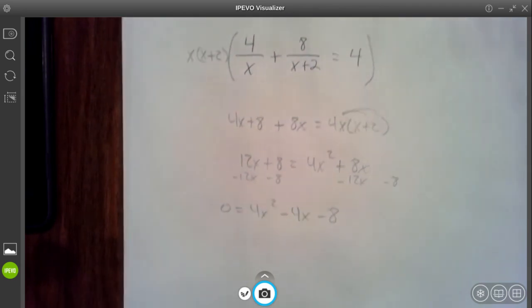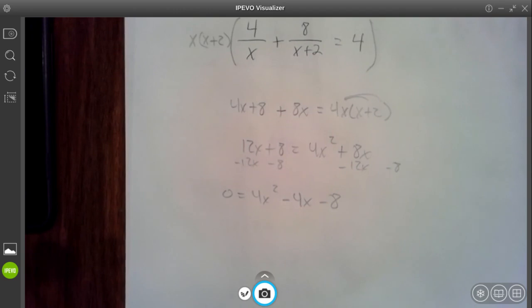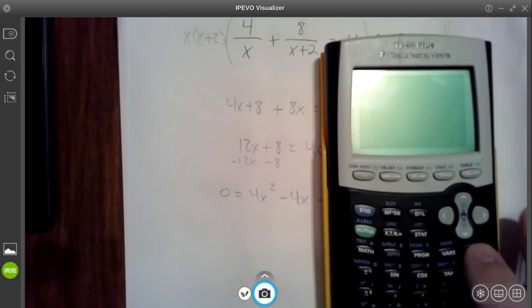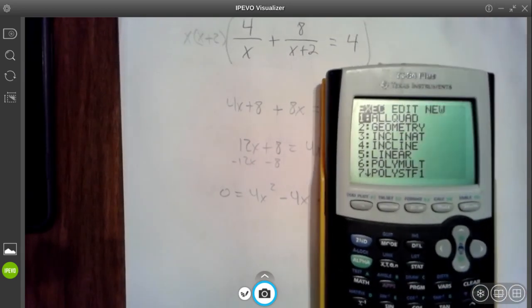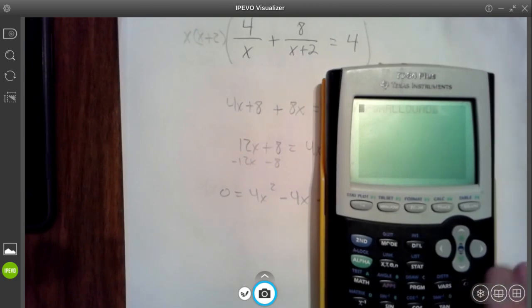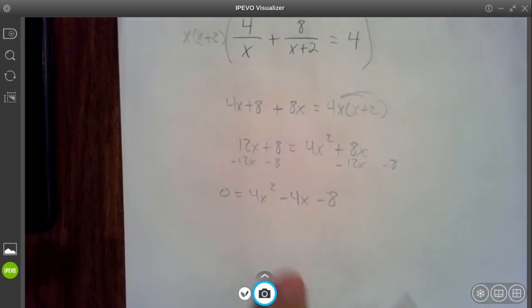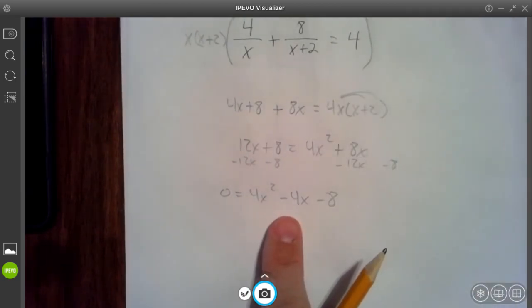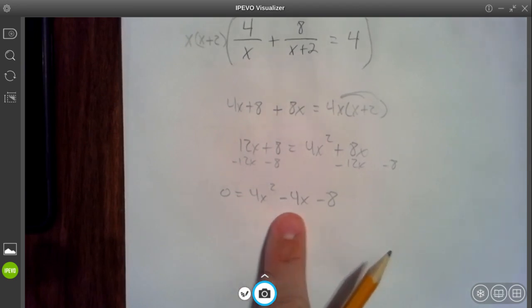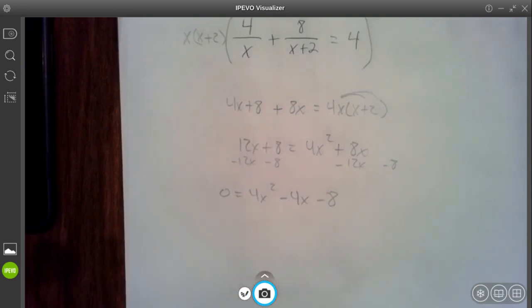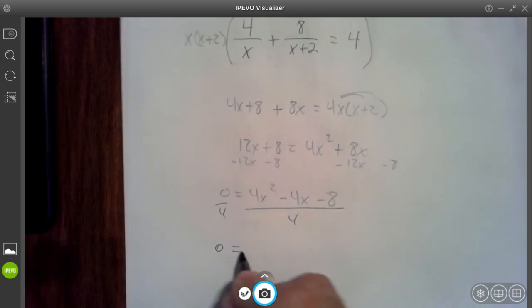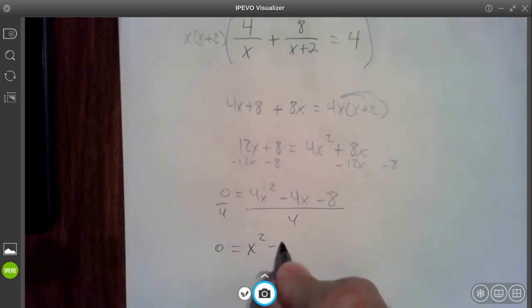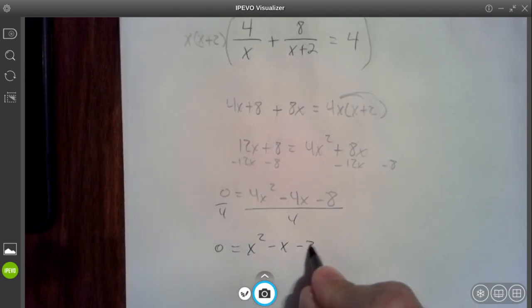Now from here, if you just want to throw it in the quadratic formula, you can. Remember we have that quadratic formula program, all quad. If you want to use that, I will be using that later, but this one can be solved by factoring. First thing to notice is that everything's divisible by 4, so divide the whole equation by 4. 0 is equal to x squared minus 1x minus 2.